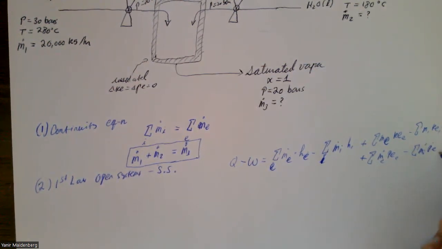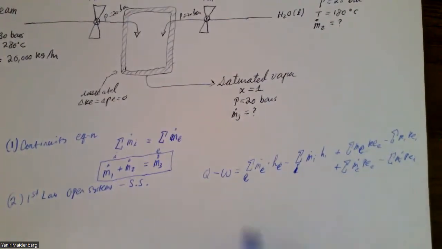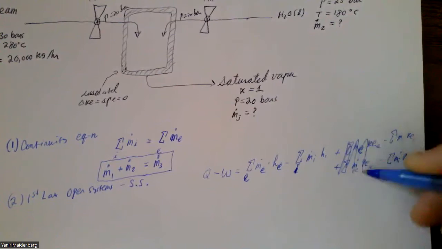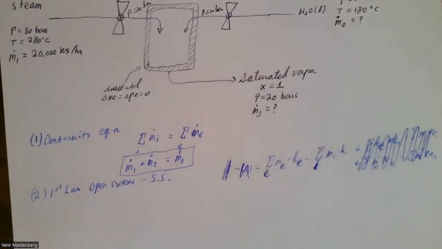Okay, so basically it's the change in kinetic energy, potential energy. Since we know that these go away, we don't need this. Since we know there's no heat and work, we don't need this.